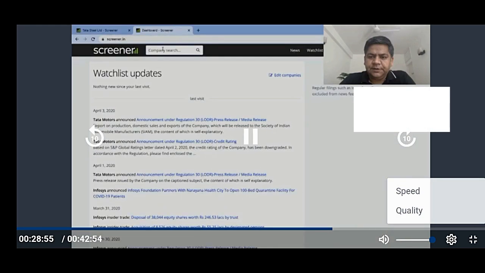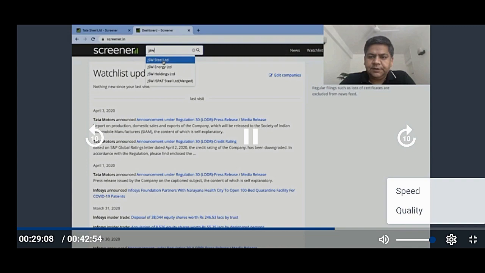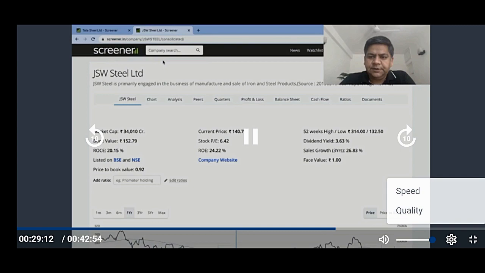the comparison with another company. Obviously, for the comparison part, first you have to understand it theoretically, by doing research on the competition of one company with its peers. I know that right now the biggest competitor with whom I can compare Tata Steel is JSW Steel.